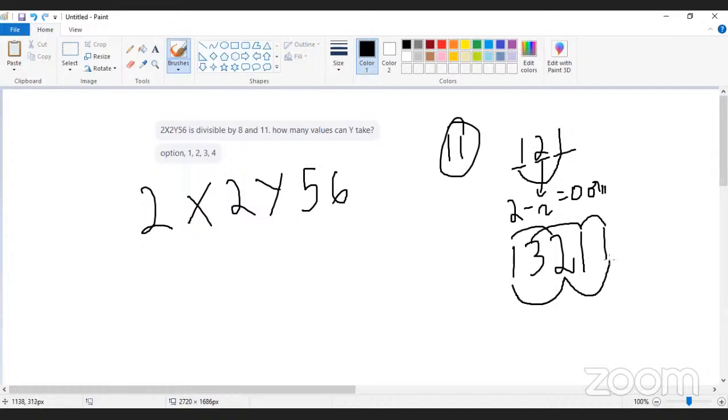How much do you get? 4. Next, 3 plus 1, 4. So 4 minus 4 is 0. Then this whole number is divisible by 11. Are you clear with that? Yes, sir. Okay, good. Fine. So now 2 plus 2 plus 5, how much?